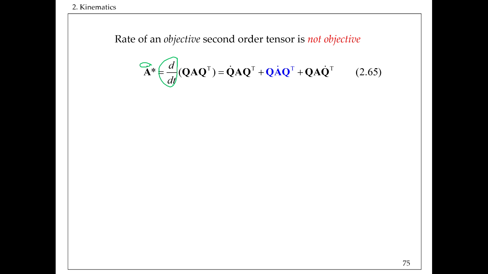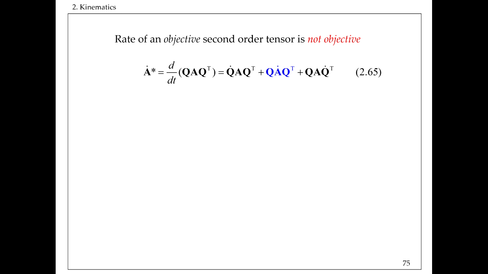It can be easily seen from here, as we take the derivative, the dot operation of this objective second order tensor.